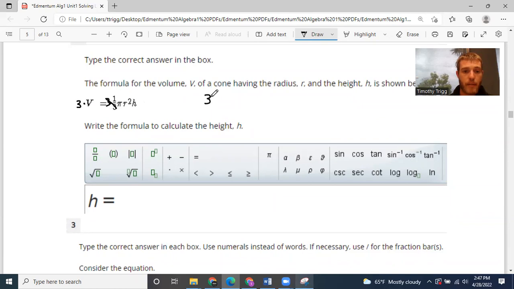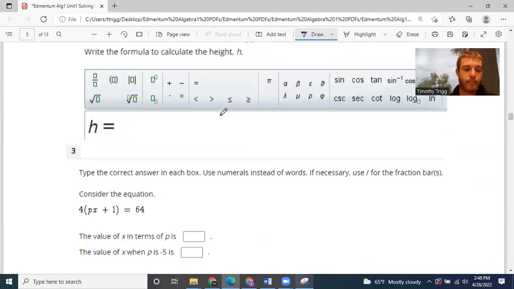So we have 3V equals, on the other side, pi R squared H. See how these are all just mushed together? That means they're all multiplied. To get H by itself, we divide by pi R squared on both sides. That'll give you H by itself.